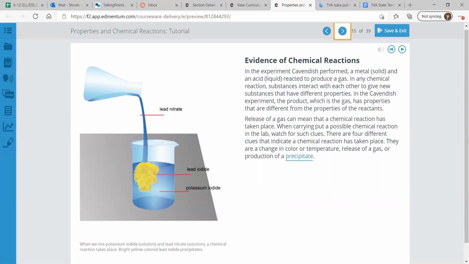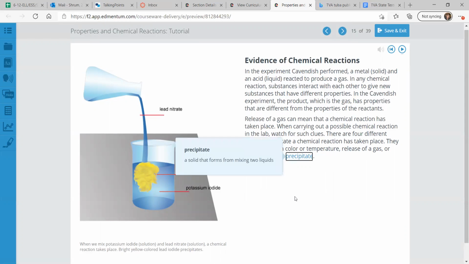Release of a gas can mean that a chemical reaction has taken place. When carrying out a possible chemical reaction in the lab, watch for such clues. There are 4 different clues that indicate a chemical reaction has taken place. They are a change in color, a change in temperature, release of a gas, or production of a precipitate.